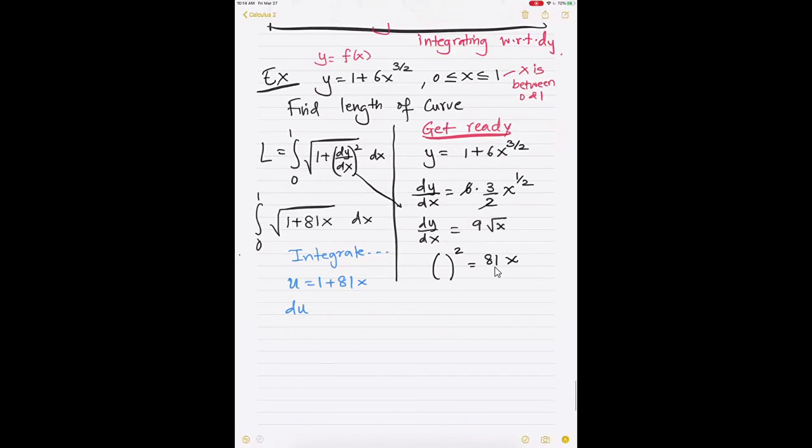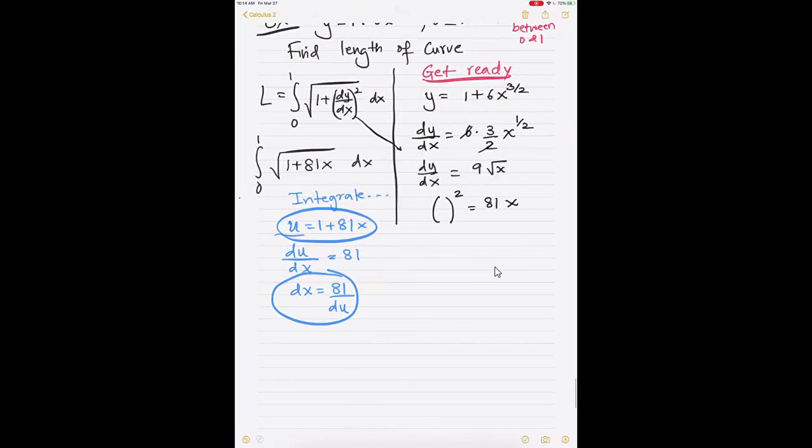So du/dx is 81, so dx is du over 81. And this is done now, so the limits change from empty box to empty box, unless you want to change it.